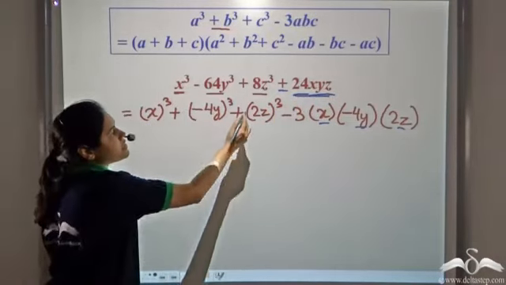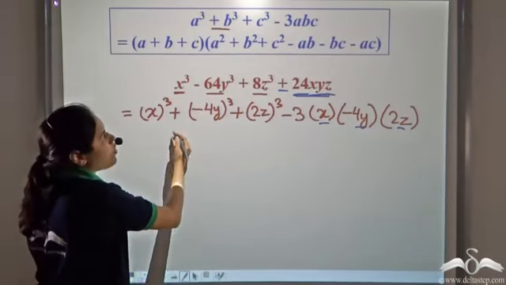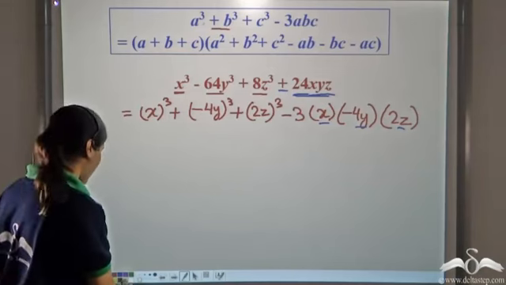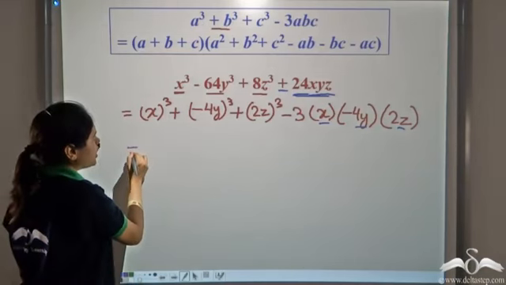So we have written this expression in the form of the left hand side of this identity, and we can factorize it using this identity now.